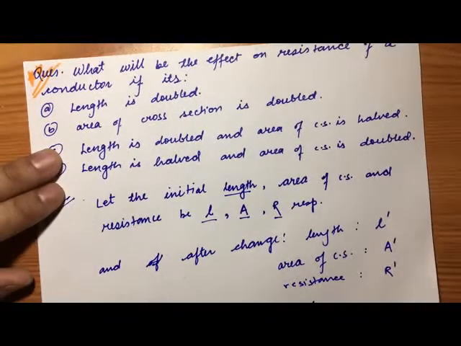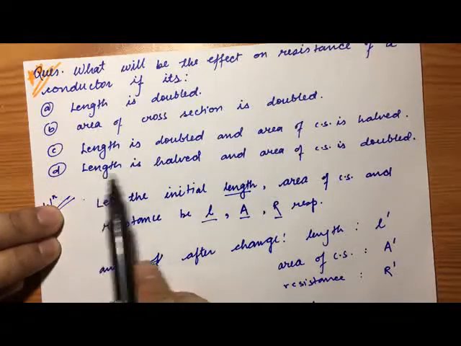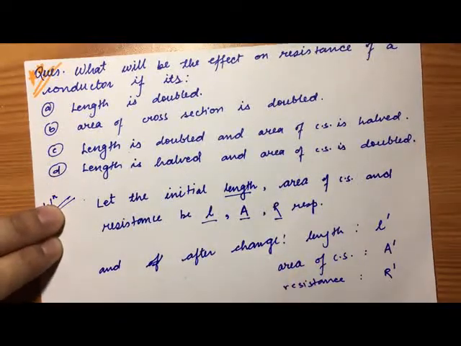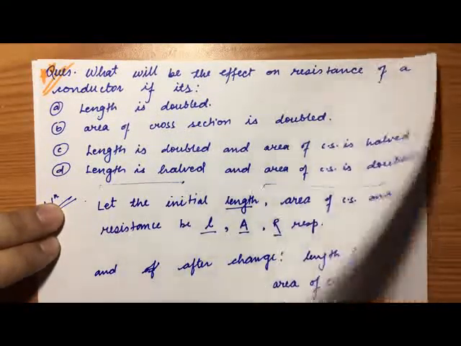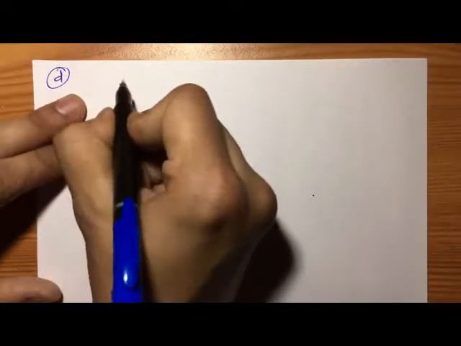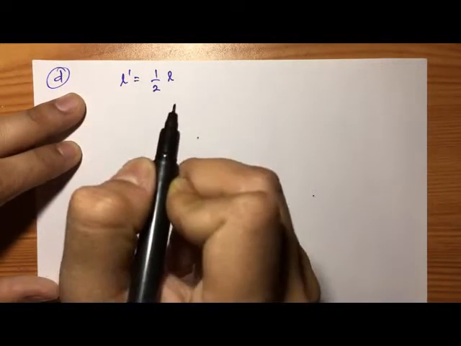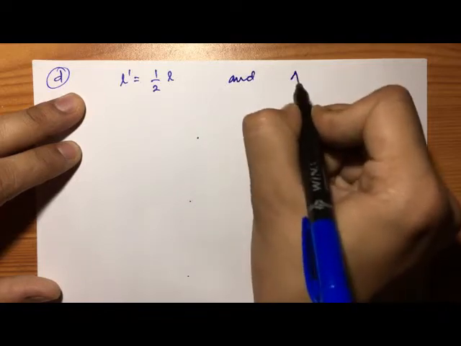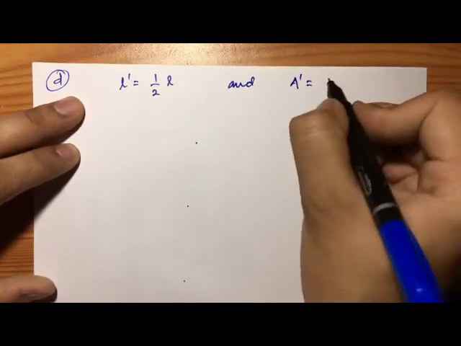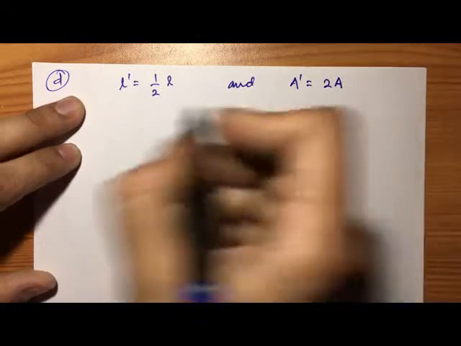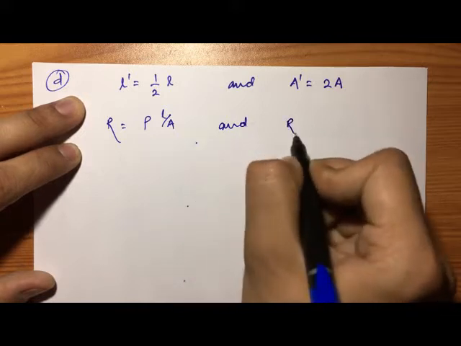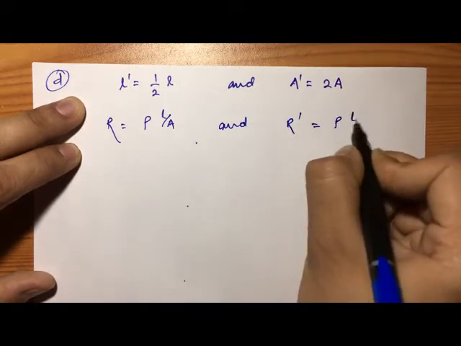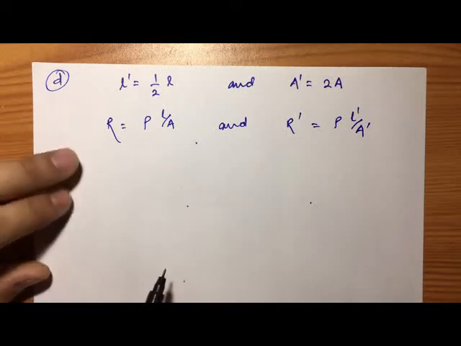So I will do some quick calculations now. Okay, I have done it thrice and I'm bored. Length is halved and area is doubled. Now fourth bit is length is halved and area is doubled. So in that case my new length is half of older length and area of cross section is doubled, resistance is same, and new resistance will be looking like this.